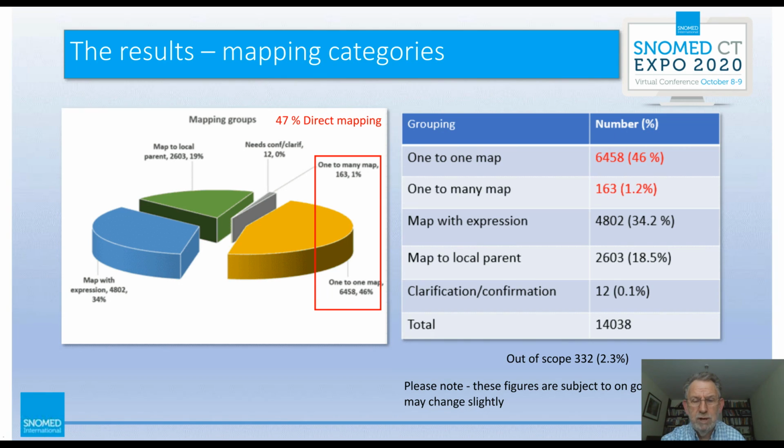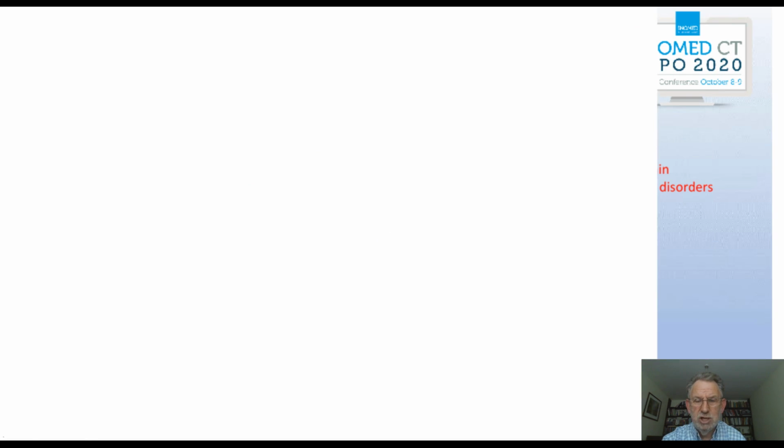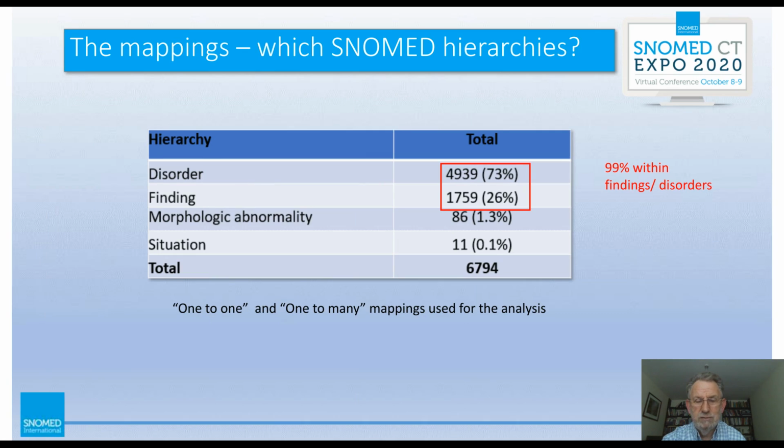A map to a local parent, which is really identifying the SNOMED gap, if you like, was 18.5%. There are a small number of clarifications and confirmations, as you might expect, and 330 were out of scope. These were largely navigational concepts. But some of this data is still under QA, particularly the expressions, so the figures might change very slightly in the future.